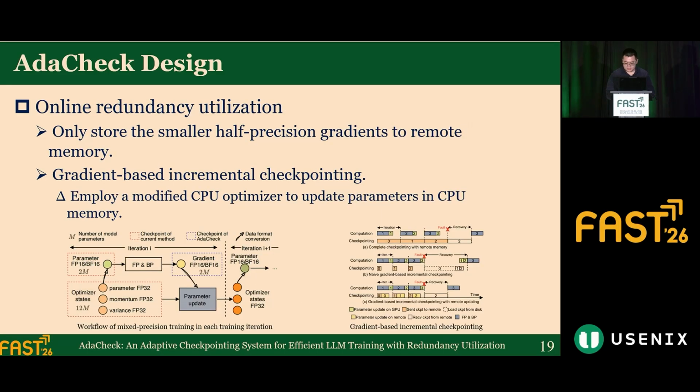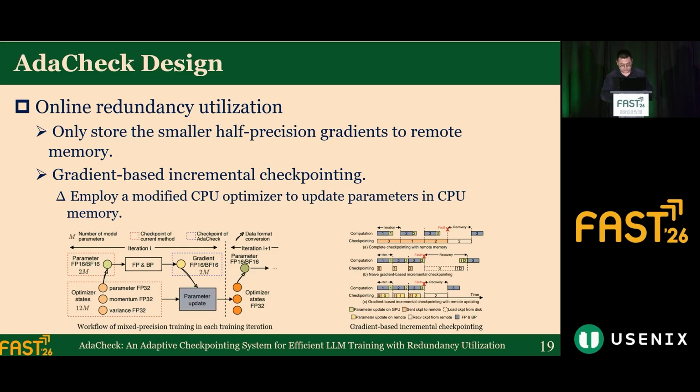Next is the online redundancy utilization method. We observe that changes in model states across training iterations are driven by gradients. This insight leads us to the idea of storing only gradients. In mixed precision training, storing half precision gradients instead of model parameters and their optimizer states dramatically reduces checkpoint size.